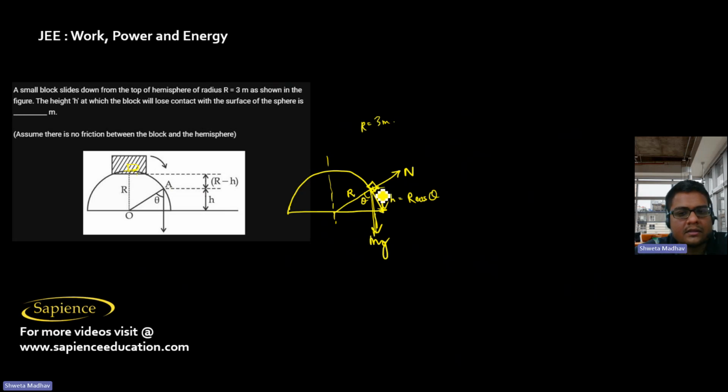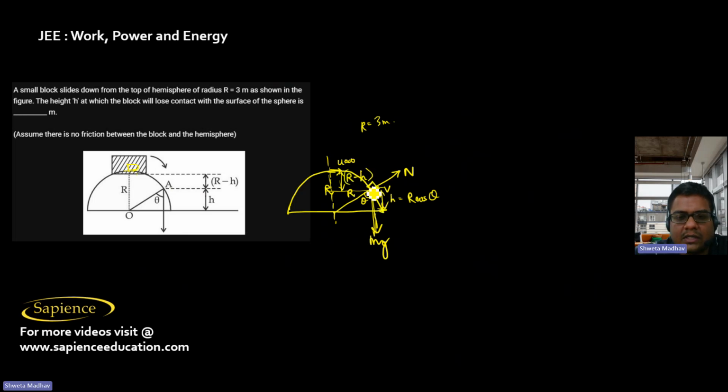And here it will attain a velocity v. Here u was 0 only, u was nearly 0. Okay. This radius is r. Okay, so it will fall through a height of r minus h.